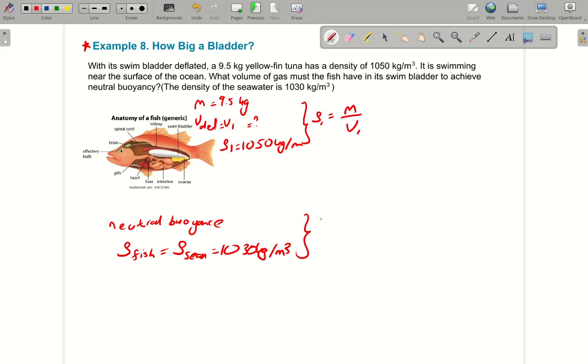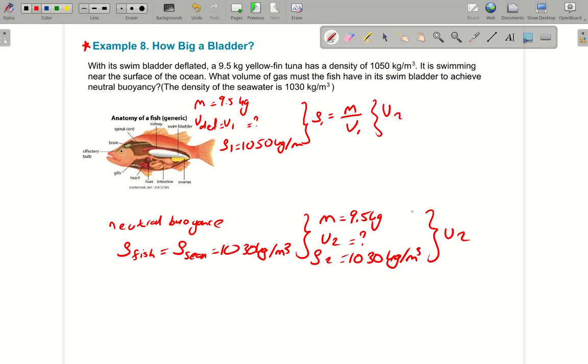So what you will do, mass doesn't change, right? It's 9.5 kilograms. You'll find another volume where the density will be 1030 kilograms per meter cube. So you find that volume 2. You already found volume 1 here.